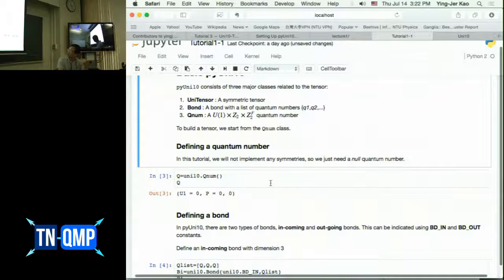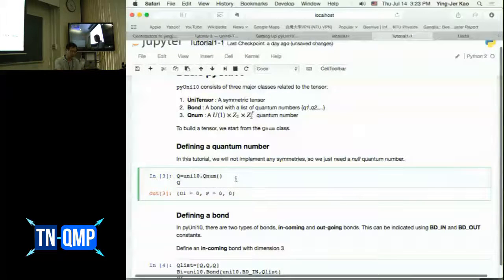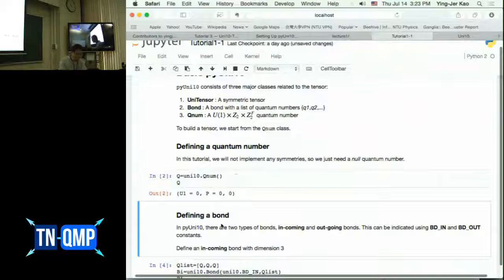I use this to define a quantum number object. Without assigning any parameters, this just gives me a U1 symmetry. This is basically a symmetric quantum number: U1 charge 0, parity 0, and fermion 0.